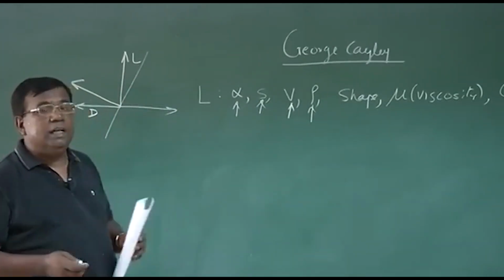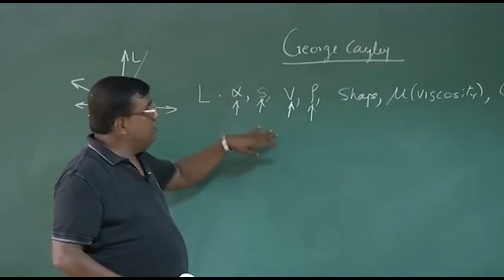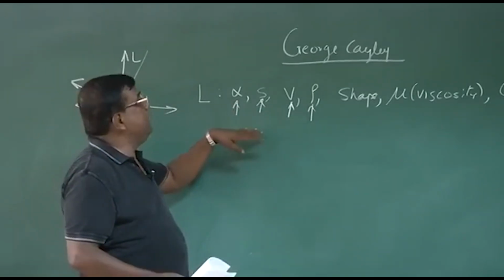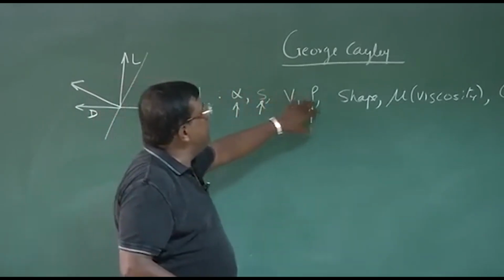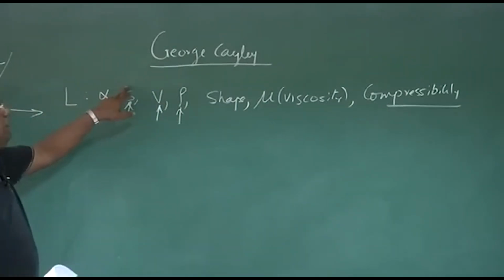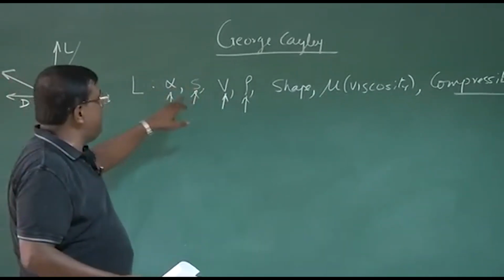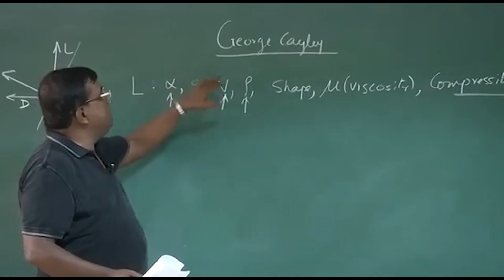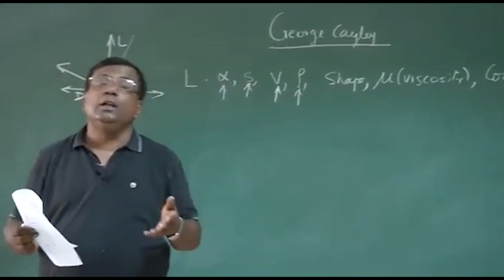I have to go to a wind tunnel and conduct a test, put that wing, and keep alpha, V, rho, all these things the same, but go on changing S. Similarly, if you want to know the effect of V, I will keep the other variables the same and go on changing the speed inside the tunnel.